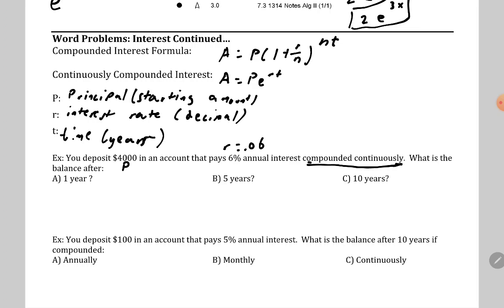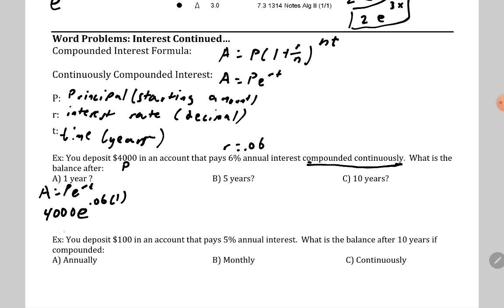So we're using PERT. It's P times e to the rt, so this is 4,000 times e to the 0.06 times 1.